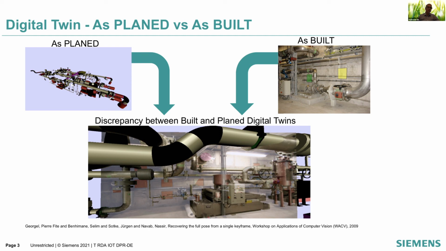When you put them together using the methods we developed, you can see the discrepancy between these two models. It is quite old work, but it was very relevant. It had nothing to do with artificial intelligence, but more with virtual and augmented reality.